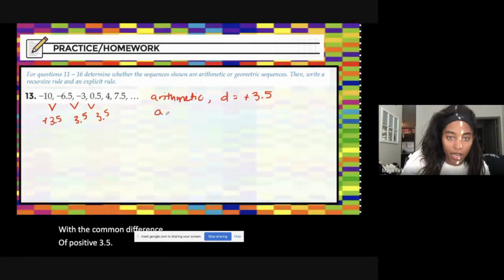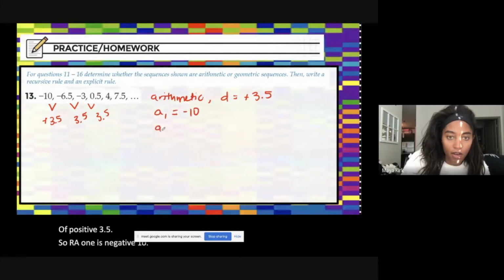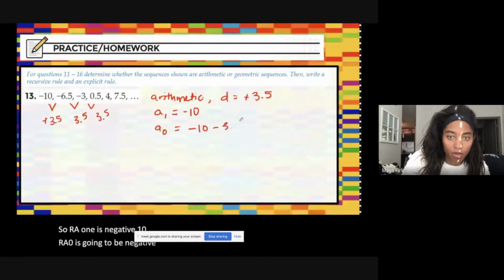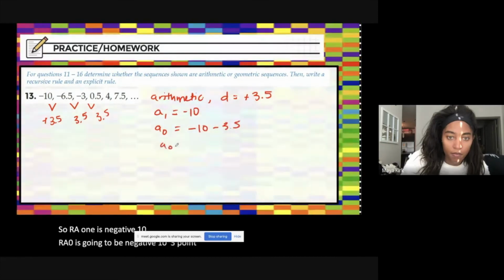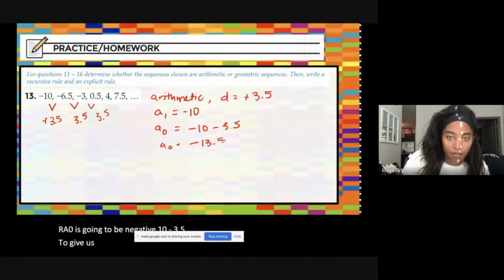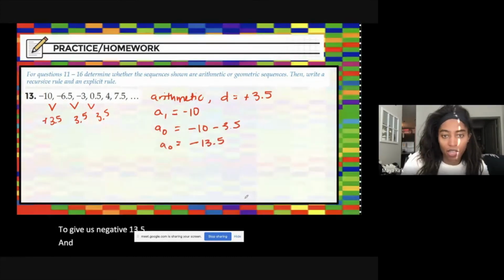So our A1 is -10. Our A0 is going to be -10 minus 3.5 to give us -13.5. And that's literally everything we need to know.